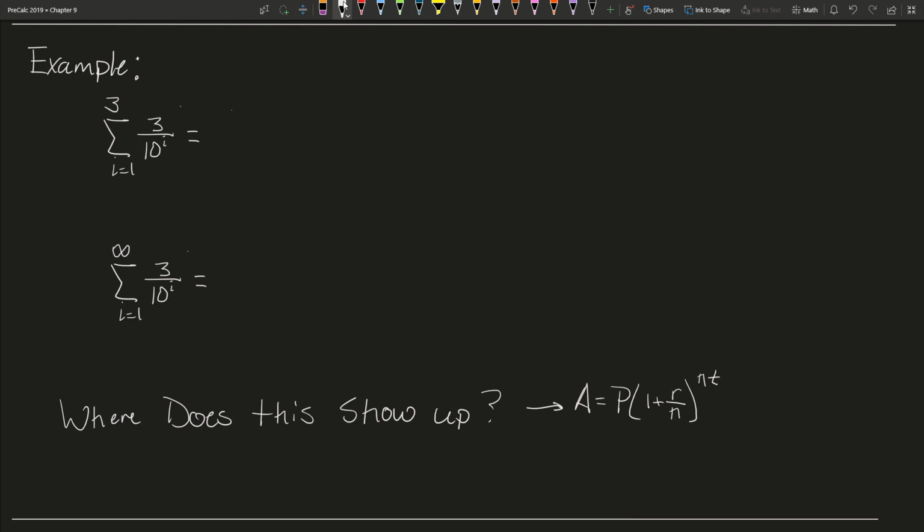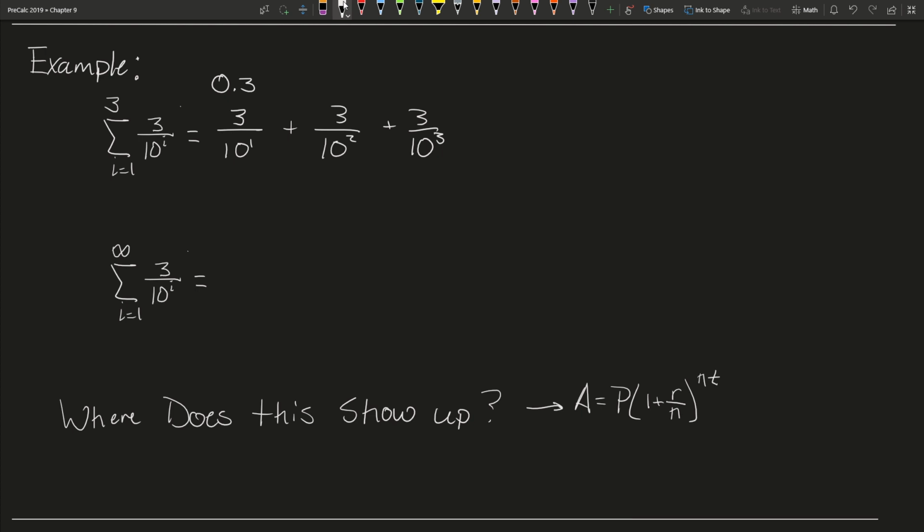So if we do that, we have 3 over 10 to the first plus 3 over 10 to the second plus 3 over 10 to the third. Okay, and if we rewrite this as decimals, 3 over 10, that's 3/10, which is just 0.3. 3/10 squared, that's 3/100.